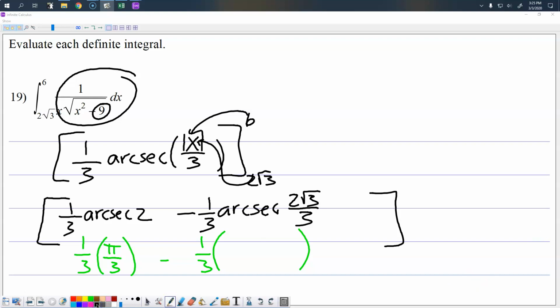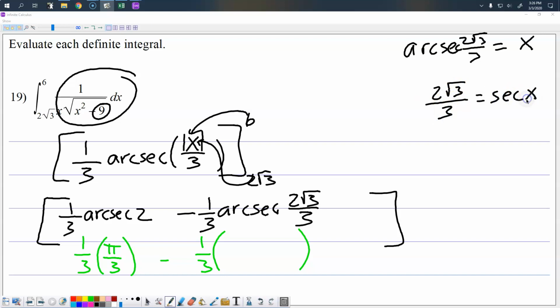Okay, so if arc secant of 2 radical 3 over 3 is equal to, we'll say x this time, that means that 2 radical 3 over 3 is equal to secant of x. Just do the opposite of arc secant on both sides.